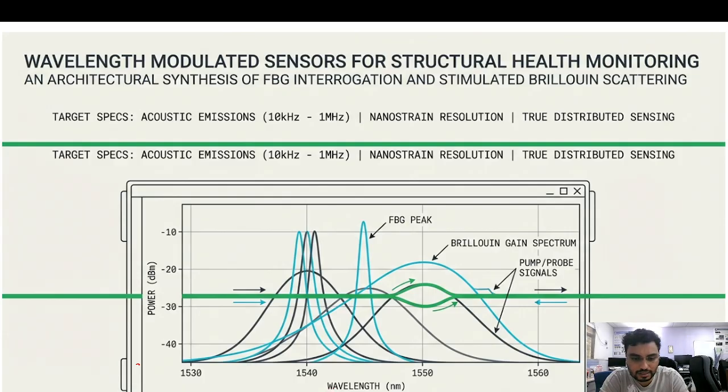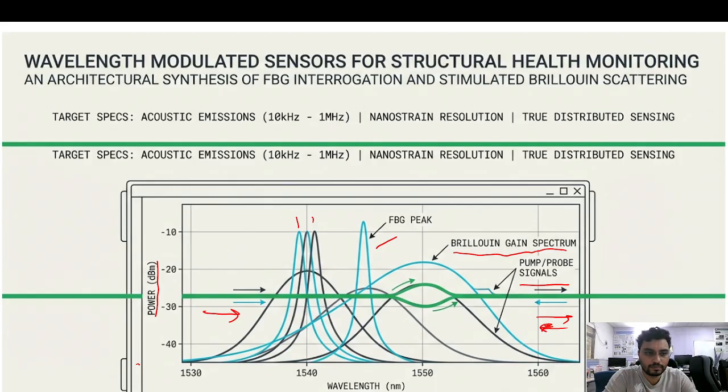The x-axis is wavelength, and the y-axis is the power. You can see the FBG peaks mentioned over here. Then the shift in the wavelength. This is the input side. This is the input and feedback one. Scattering, reflected beam. Then the Brillouin gain spectrum, and the pump probe signal as well.